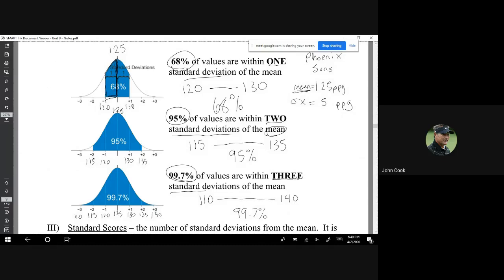All you'd have to do is take that 68% and divide it by 2. So that gives you a 34% slice right there and another 34% slice over there. So it's completely symmetric. And if you remember, 50% of the data is below the mean and 50% of the data is above the mean, just like what we talked about in that previous video in 9.4. So don't forget about that stuff also when we're calculating some of this.